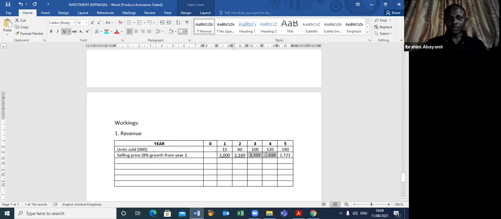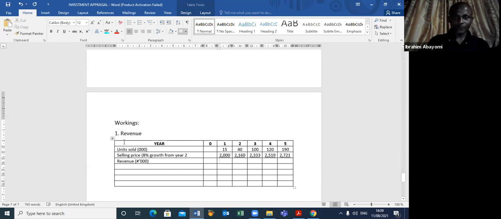Don't worry, the next one I'll just be copying and pasting. I want to do the variable cost. Our revenue now, which is in 1,000 naira, will now be multiplication.